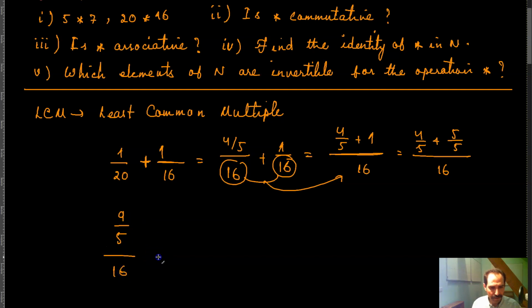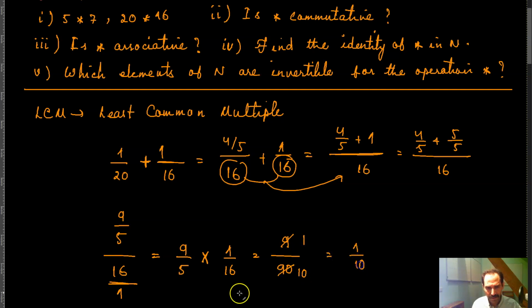Now this is the same thing as 9/5 times the reciprocal of the denominator. This is 16 divided by 1, so the reciprocal of that becomes 1/16. So now 5 times 16 is equal to what? Is equal to 50 and 90. That's 9 divided by 90, which is 1 divided by 10, which is equal to 1/10, right?